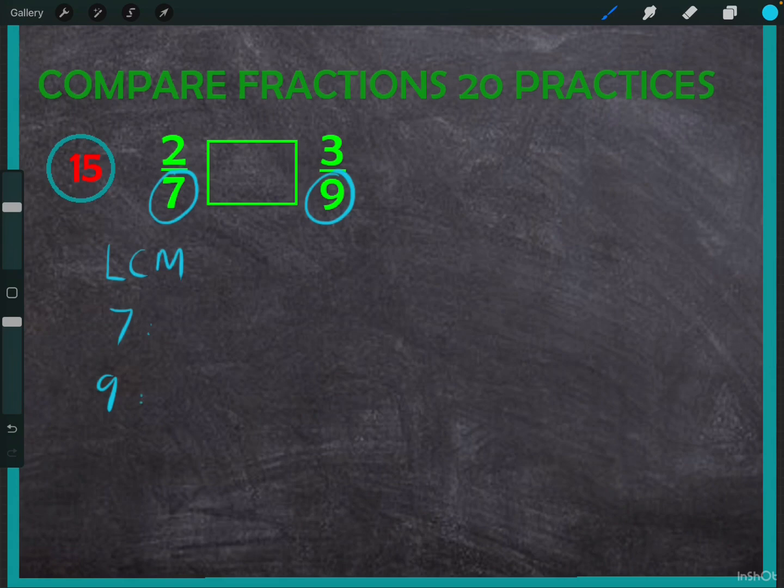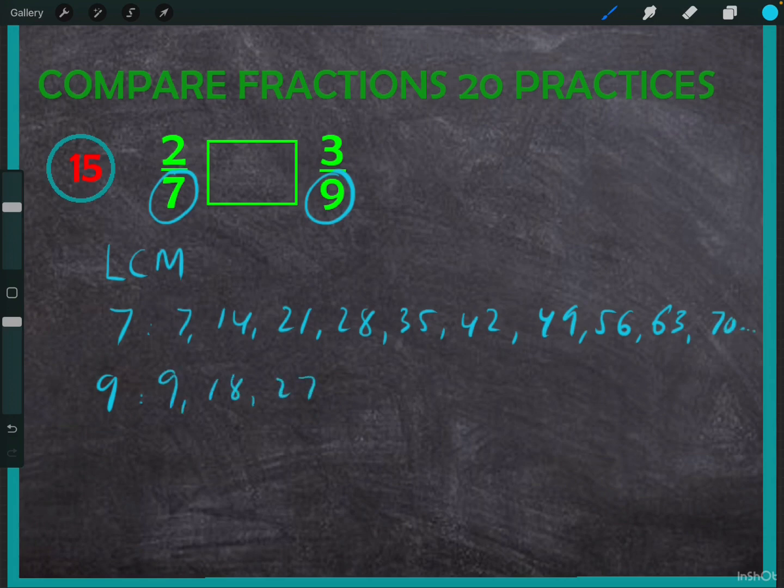The multiples for number 7 are 7, 14, 21, 28, 35, 42, 49, 56, 63, 70, etc. For number 9, we have 9, 18, 27, 36, 45, 54, 63, 72, etc. We see that 63 is the LCM for number 7 and 9, the least common multiple.